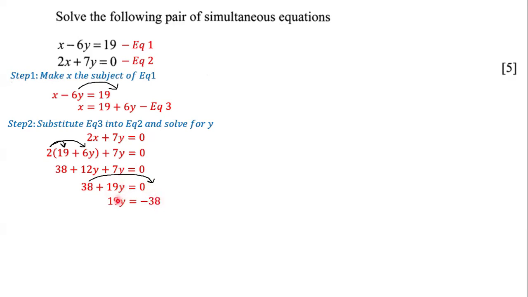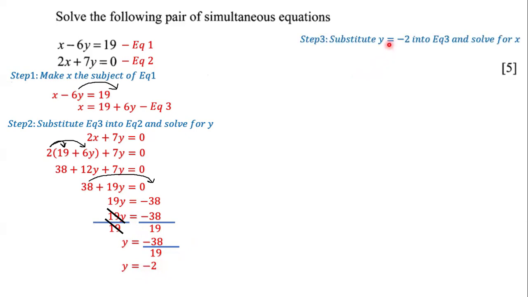So we just put 19y is equal to negative 38. And so we divide both sides of this equation by 19, the coefficient of y, and we cancel both sides. So we get that y is equal to negative 38 divided by 19, and negative 38 divided by 19 is negative 2. So y is equal to negative 2.